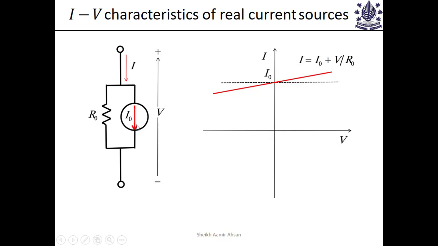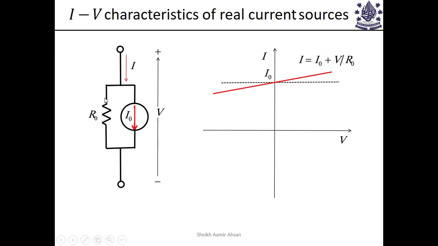But since we also have an independent current source of value I naught in parallel with this resistor, we'll just simply raise that. We'll give it a DC offset, or we'll raise those characteristics to this point, and this point is I naught from this point. Okay, so these are the characteristics of a current source which is real.